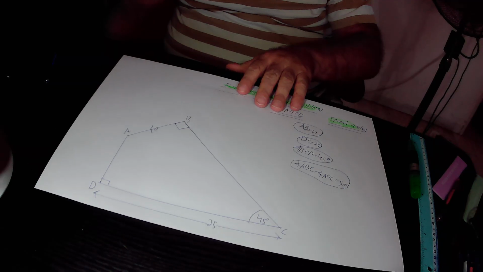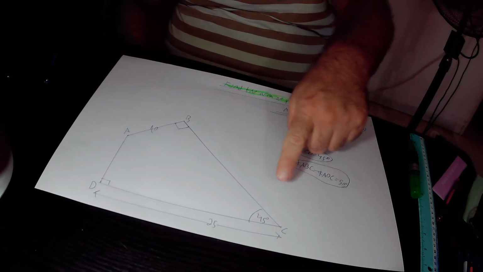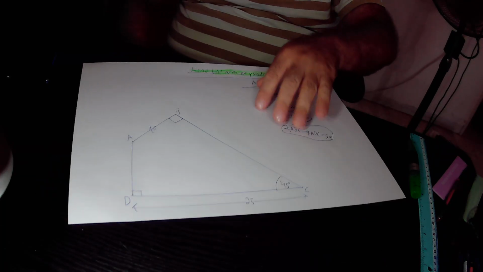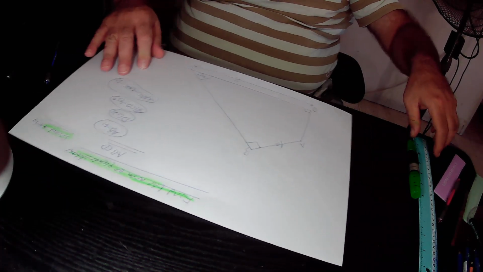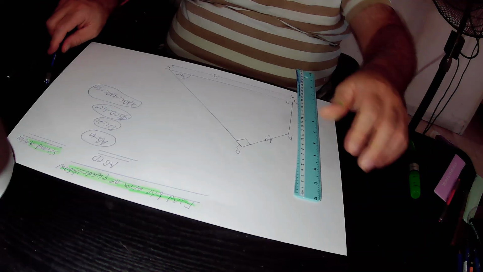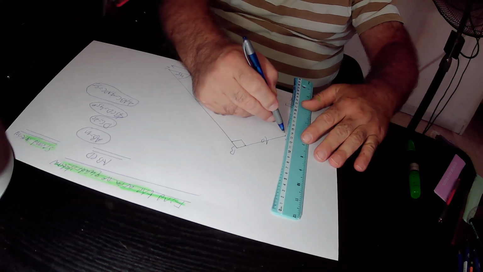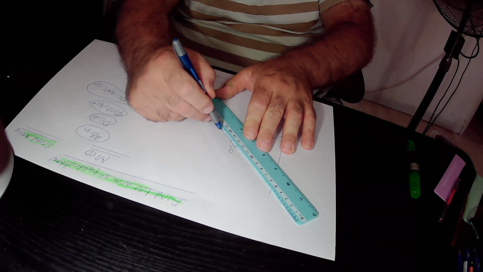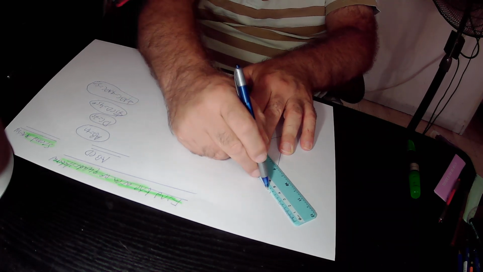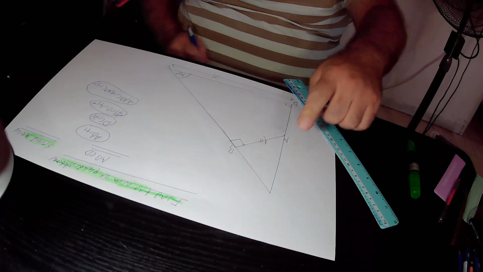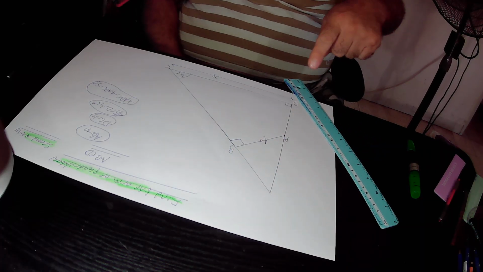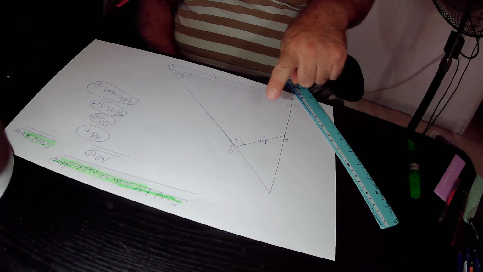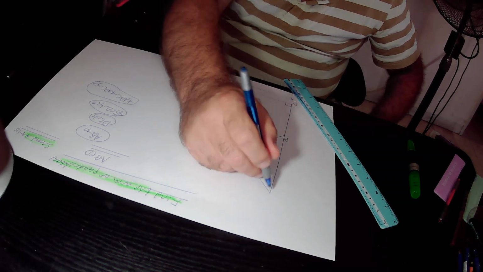That is to say, we will extend side DA and side CB of this quadrilateral ABCD by a straight line until they touch each other. So here, this is the touching point. We define the touching point of the extended side DA with the extended side CB. This point is point M.